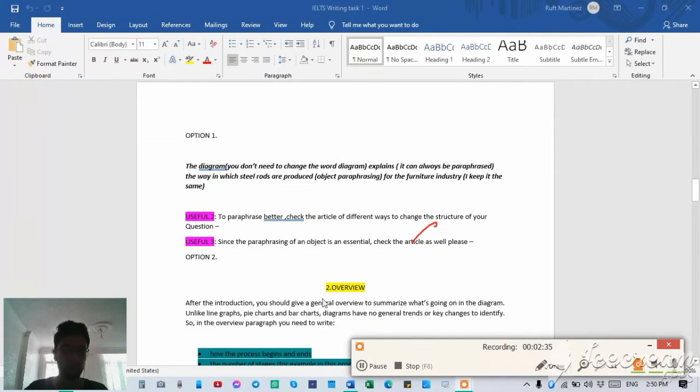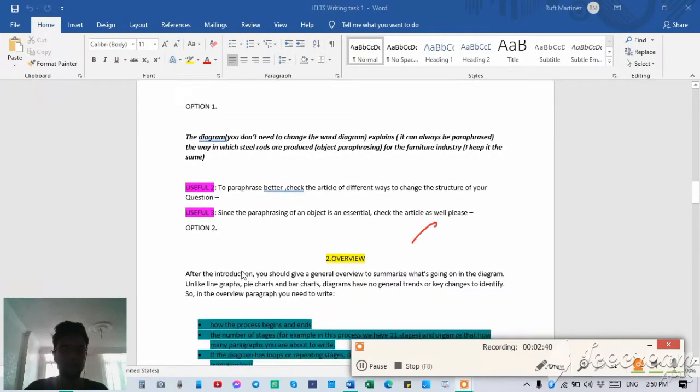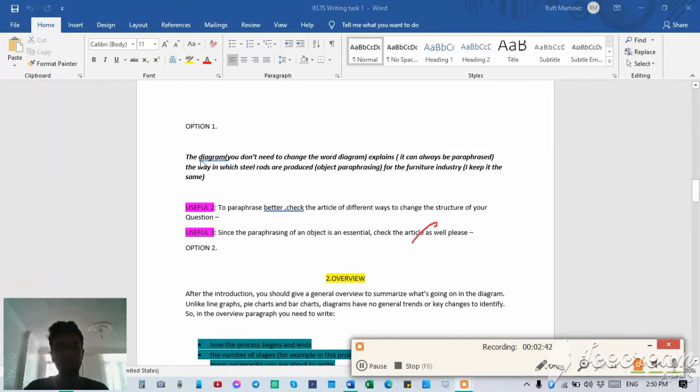There are 2 options here, and the first option is this one. I told you before that the names diagram, table, bar chart, pie chart, and all these question names are stable. They are not flexible. You cannot change the diagram with its synonym. You cannot change the pie chart with its synonym. It's useless.